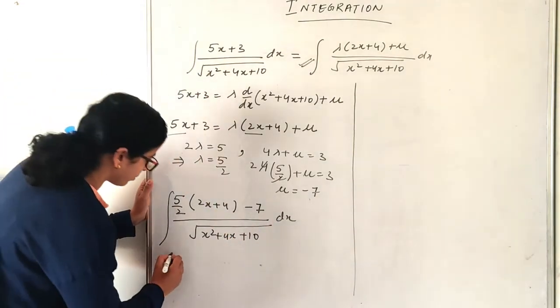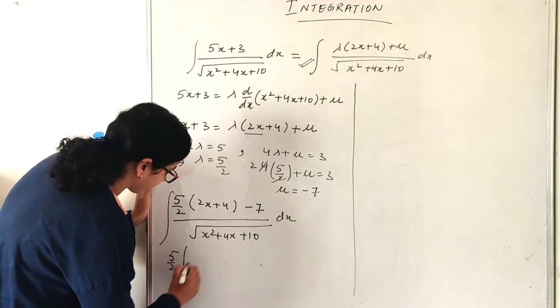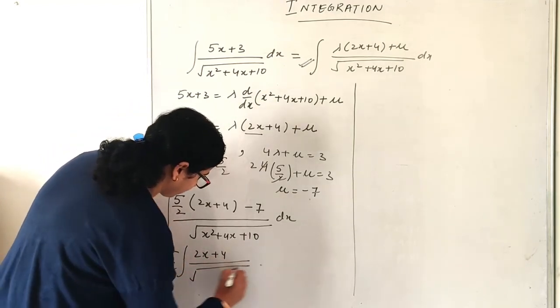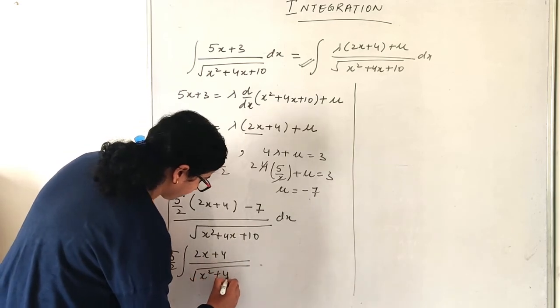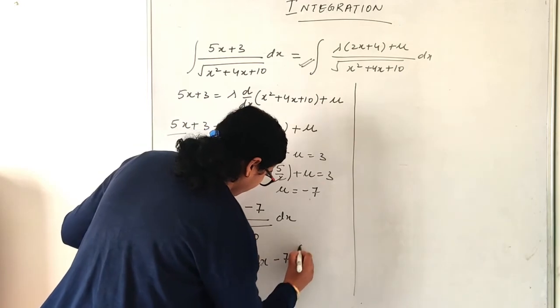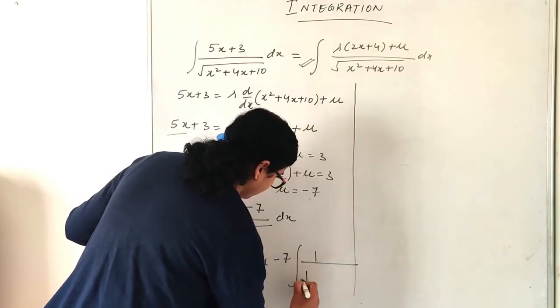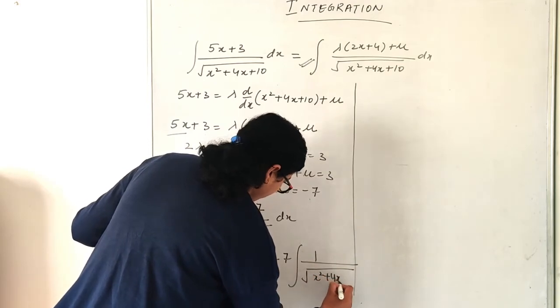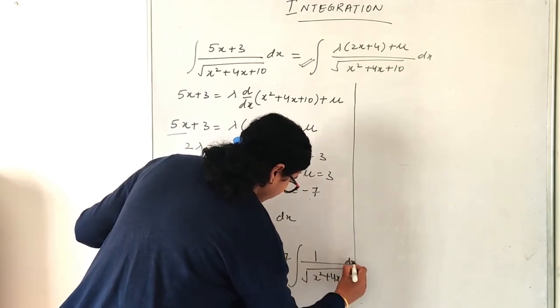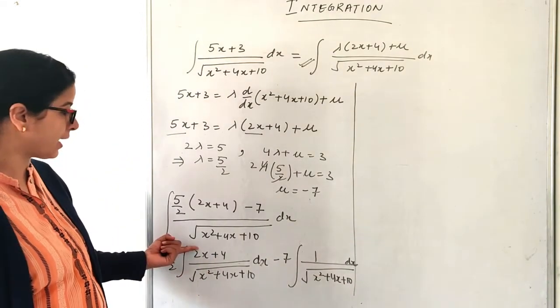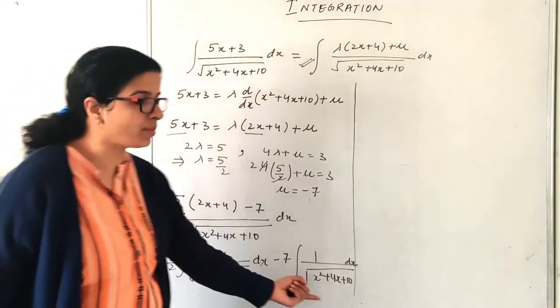Okay, how you are going to do? 5 by 2. So here I can assume this as t square and I have the derivative of, here I will make it a perfect square.